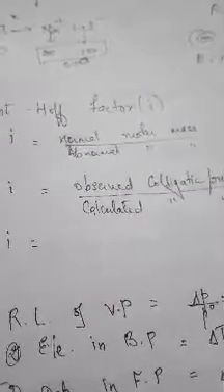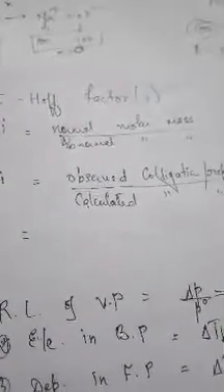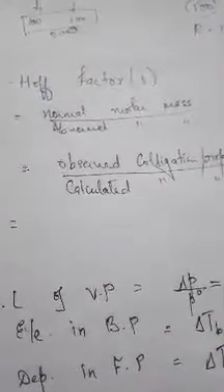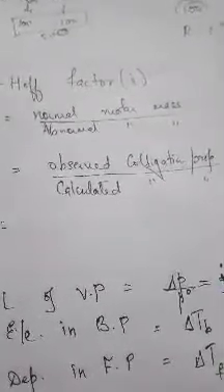Van't Hoff factor i, it is defined as, ये जो फॉर्मूला लिखा है इसी को वर्ड में डाल देना बेटा. In all three definitions add this phrase: it is defined as the ratio of normal molar mass to abnormal molar mass. Don't write divided by.